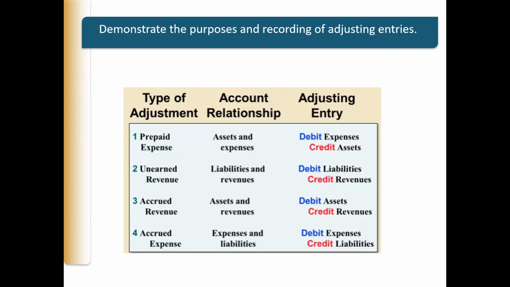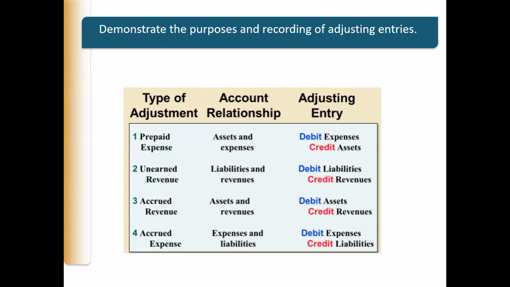Or we will have had some deferred revenues, where someone gave us cash up front and we were going to provide the services at a later time. We need to look at that liability account and see, did we provide those services? Is this still a liability, or can we transfer it to a revenue?